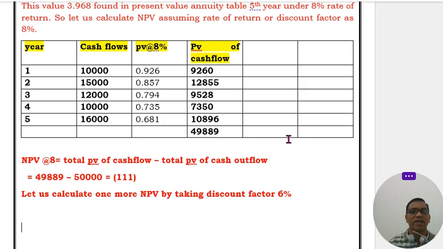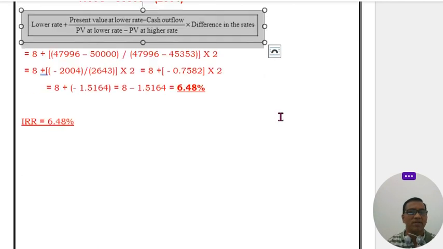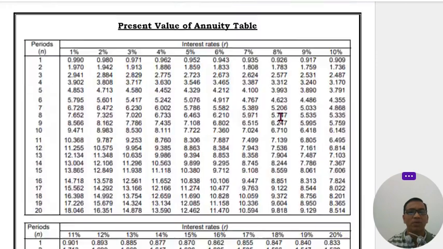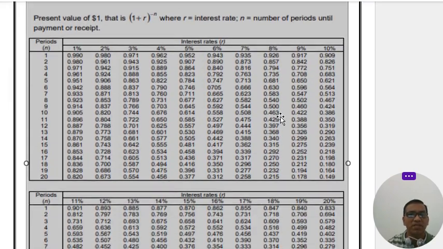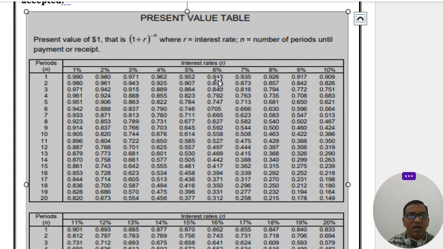So now again go back to the table, one more column, PV at the rate of 6%. Again go back to the present value tables. In the 6% column, you have to take the first year, second, up to 5 years values.